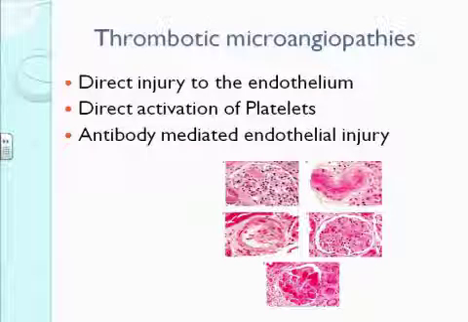Once the body is activated and starts attacking it, you'll start getting cell lysis, so it can still happen even without antibiotics. It's just that the antibiotics will make it occur very rapidly, and within 3 days you'll see it. If somebody is getting, say, a strep throat and then their antibodies are kicking in, then you may see it up to 5 to 7 days later that you'll get renal failure from acute post-streptococcal glomerulonephritis.